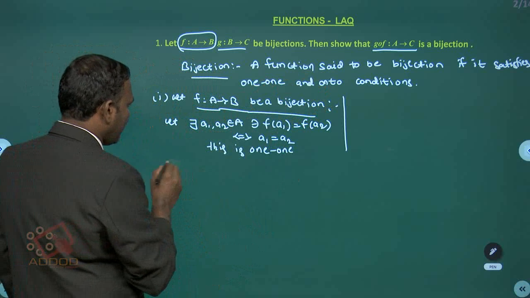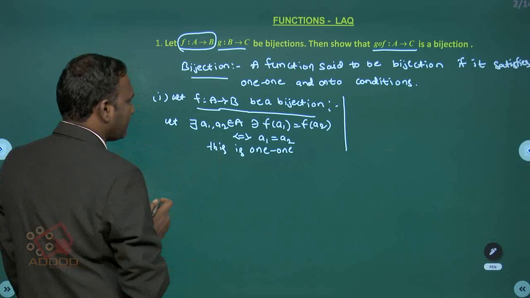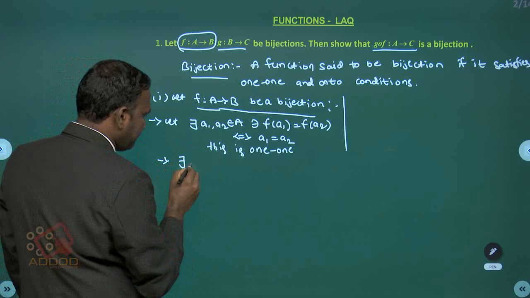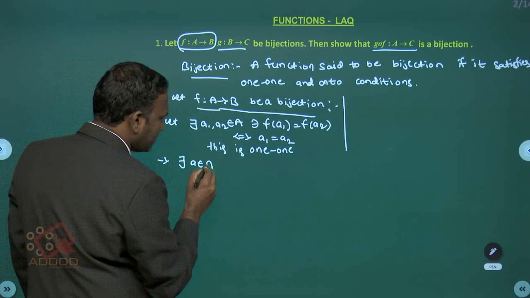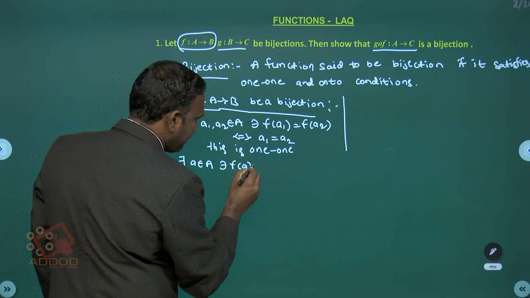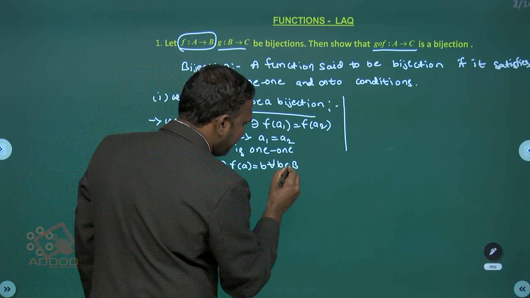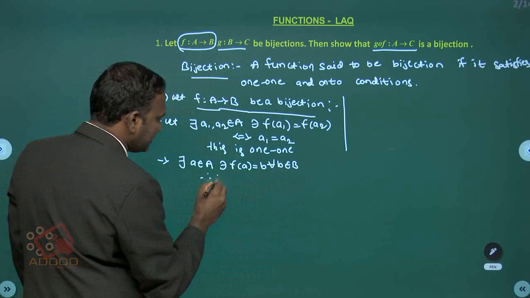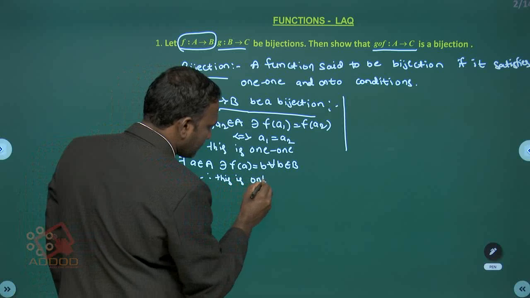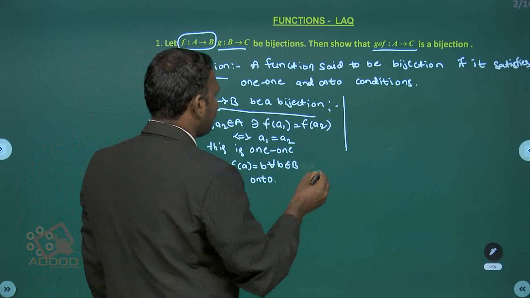Condition number 2: there exists an element a belonging to A such that f(a) = b for all b belonging to B. Therefore this is onto.